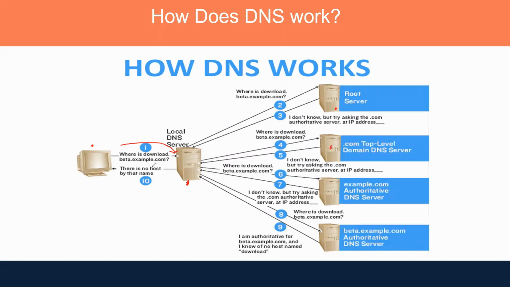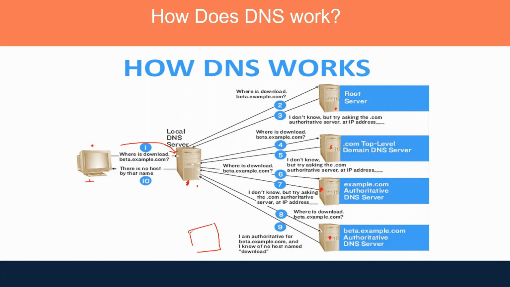Since this is a .com website, it would go to the top level domain .com, and then .com gives the reference to the actual website, which is example.com. If example.com has a subdomain, it would be sent to that subdomain, and then the subdomain is going to reply with the actual IP, and when the system gets the actual IP, it would be able to reach there. So this is the overall query.